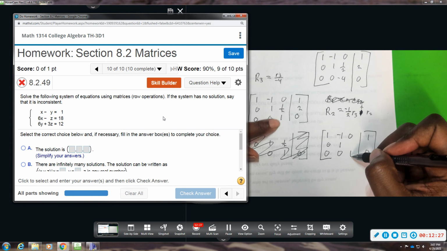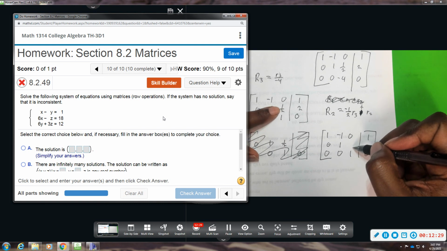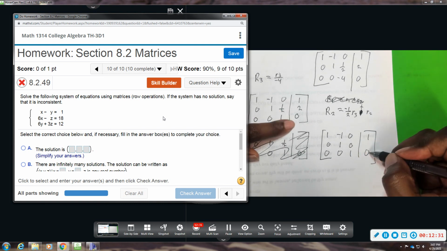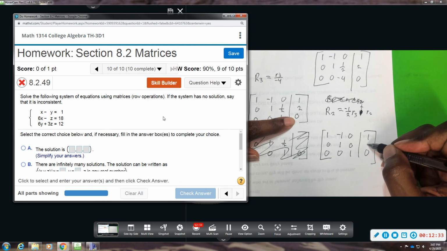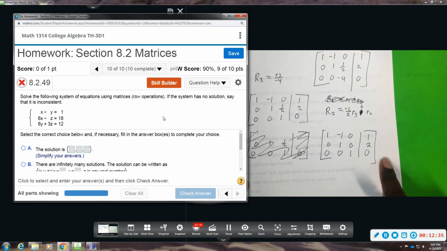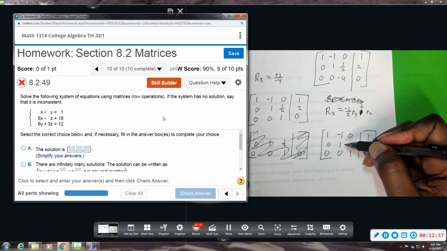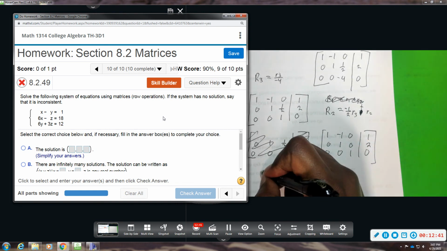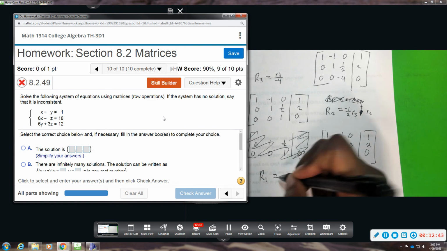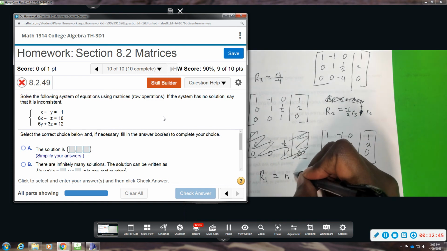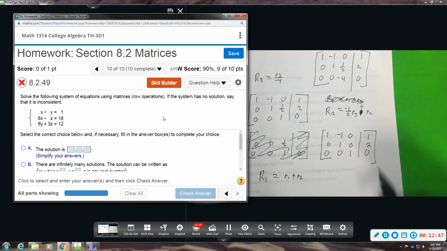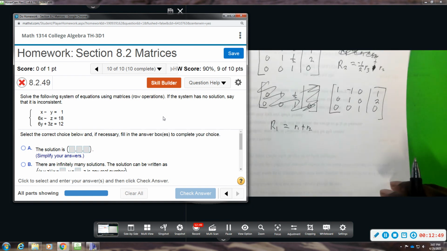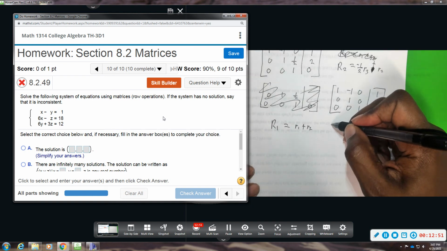Multiply by -1/2 is a -1/2, plus that will give me 0. And then 1/2 times 0, 0 plus 2 will still give me 2. All right, so there we go. That's better. And now I can just add these two rows, and that will give me my new row 1. So my new row 1 will equal row 1 plus row 2. And that'll save me a little bit of work and make it a whole lot easier.